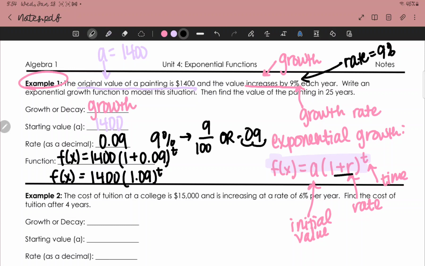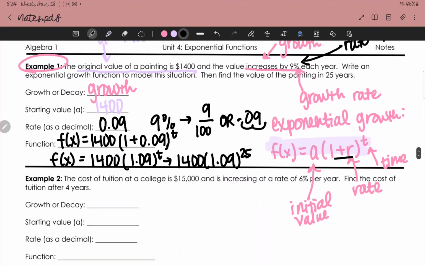Finally, they wanted us to find the value of the painting in 25 years. T is time, so the only thing I need to do is plug in 25 for t. You would just rewrite this to be 1400 times 1.09 to the 25th power, and use your calculator to find that.